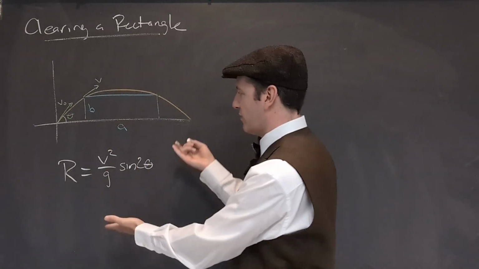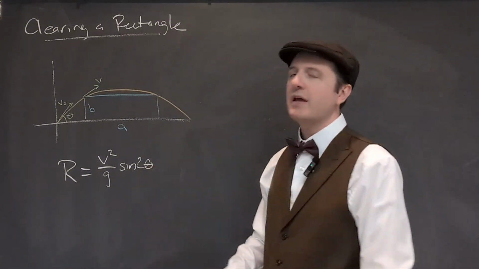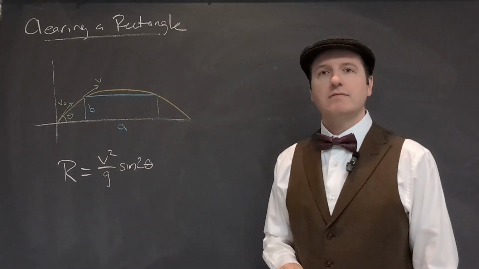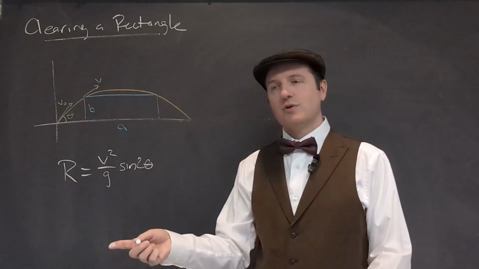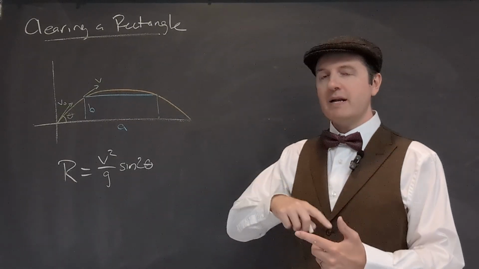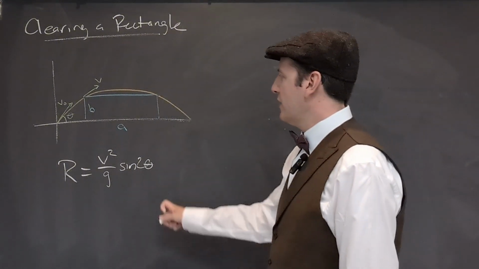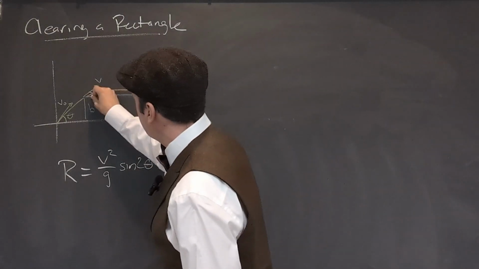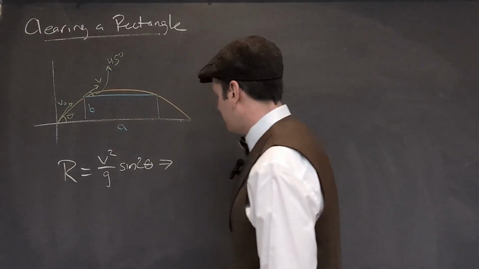After all, the product of v squared and sine 2 theta has to equal a constant, so minimal v means maximal sine 2 theta, and sine 2 theta takes its maximum when the argument is 90, meaning theta is 45 degrees. So we've already worked out that you get maximal range for a given speed at a 45-degree launch angle. Now we're just inverting that and saying the minimum speed needed to clear a given range is also a 45-degree launch angle. So that tells us immediately that this angle, say here, should be a 45-degree angle.